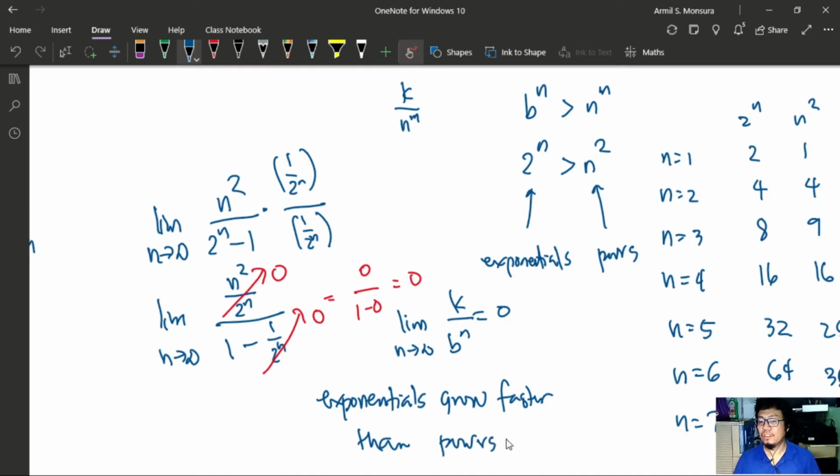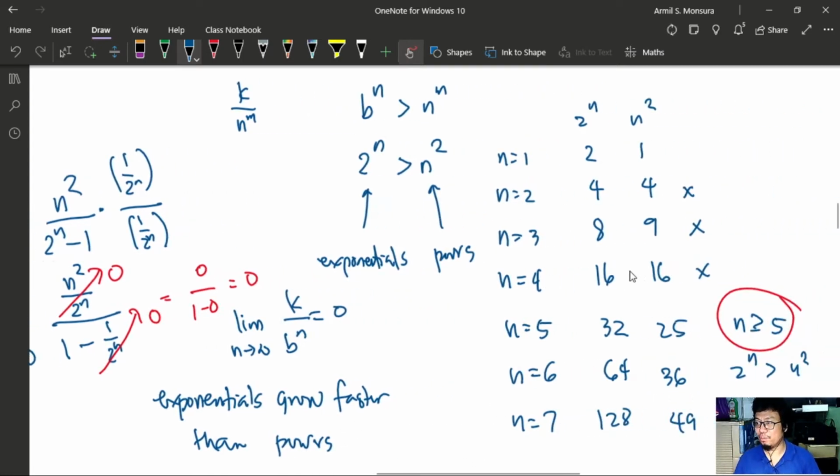It doesn't matter what their behavior is before a certain number. What matters is their behavior as your n grows large, because that's what we are trying to evaluate here. A very large n.